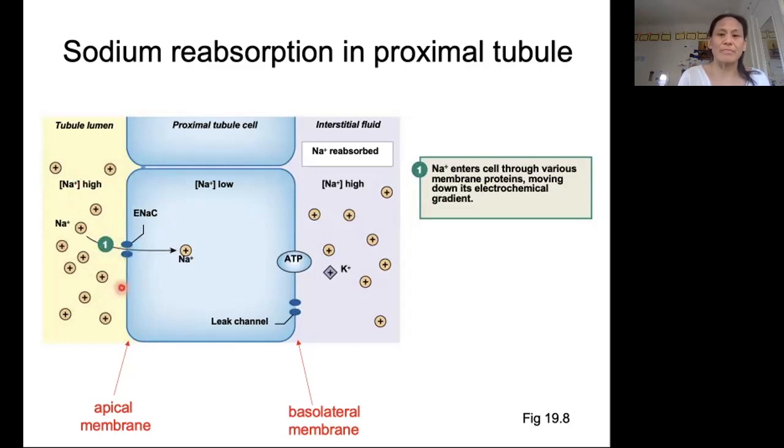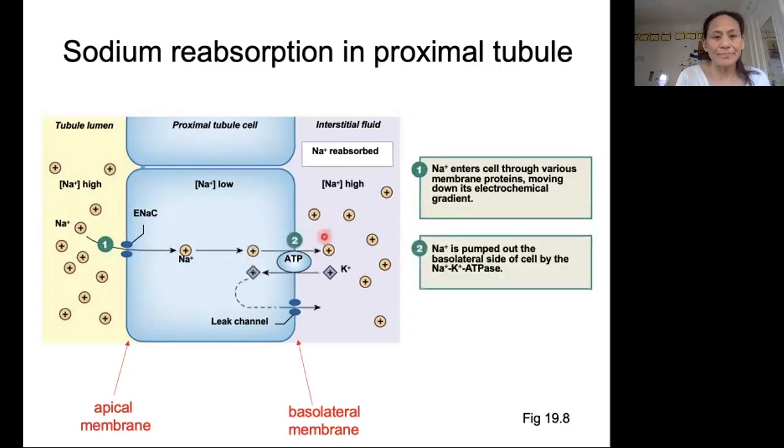But in all of those cases, we're moving down our concentration gradient and we don't require an energy input. All right, now once we're inside of the cell, we need to cross this membrane right here. Since we're going to be moving against our concentration gradient, we need an energy input. So we use the sodium potassium ATPase to pump sodium out, okay?